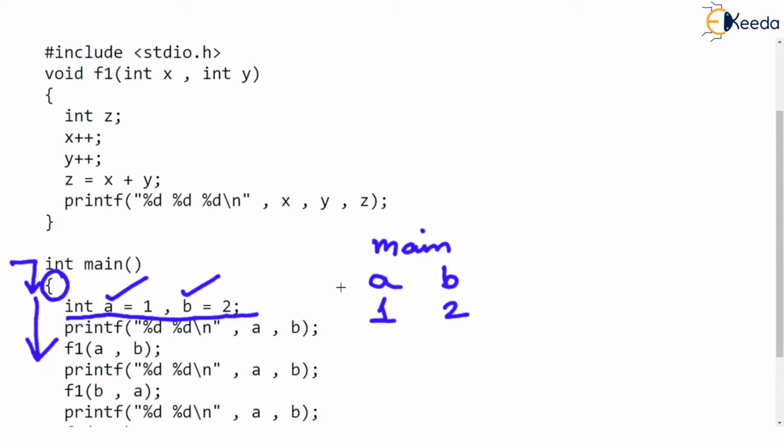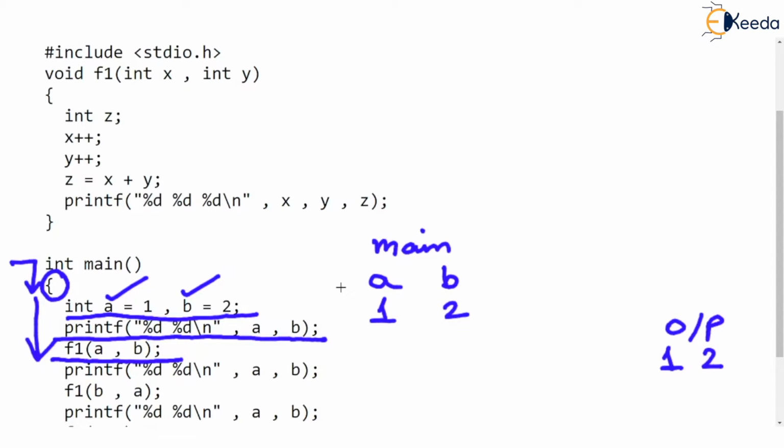Now the next line, as I am underlining over here, has to print a and b. So obviously the first output, which I am writing in the corner, will be the value of a and the value of b. That's very easy. Now the next line which I am underlining is the call to the function. How do you read this? Be careful.